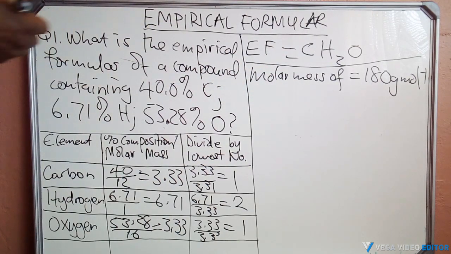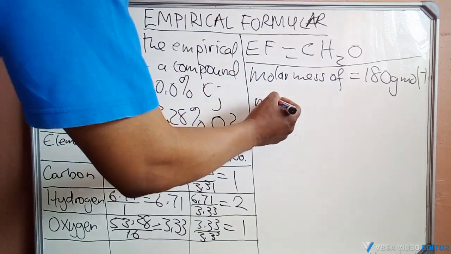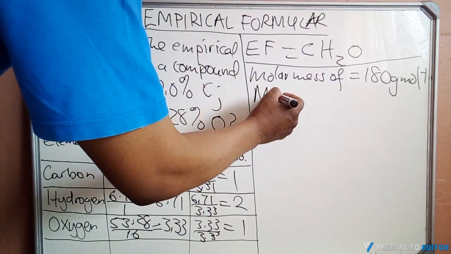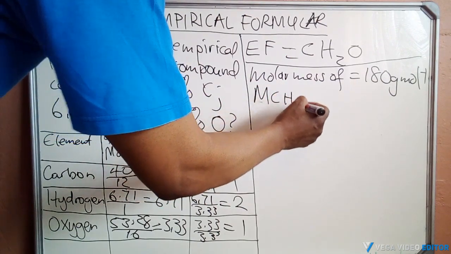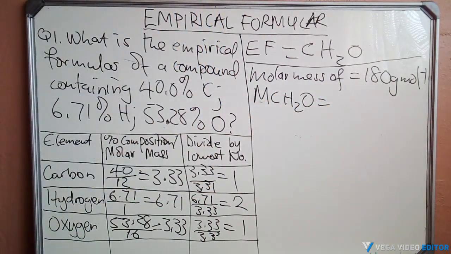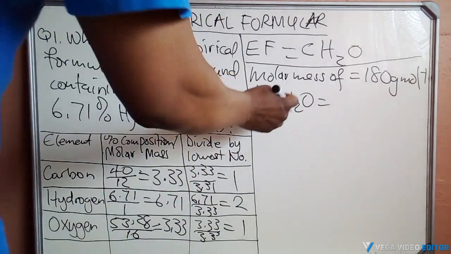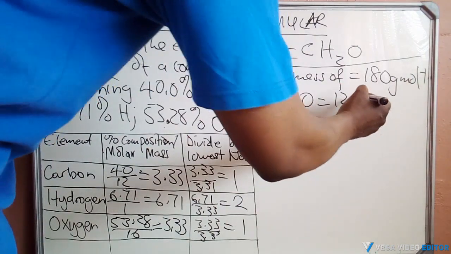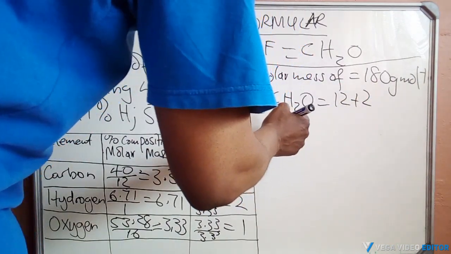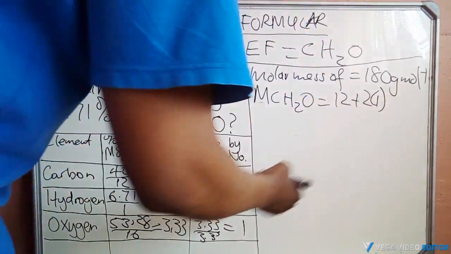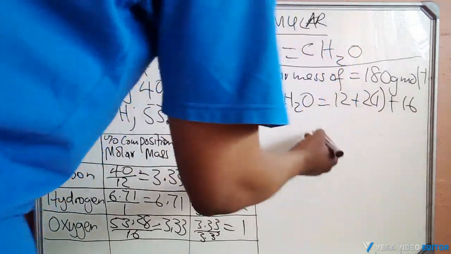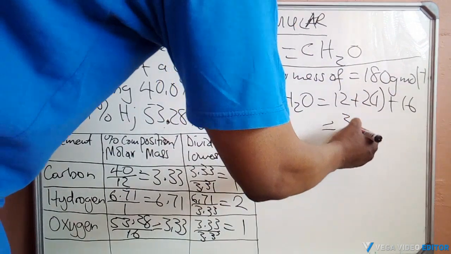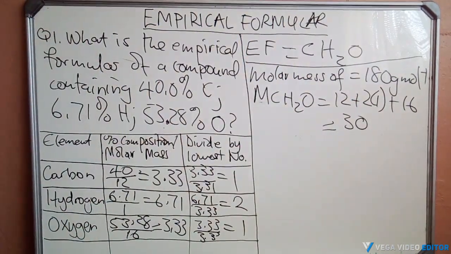So the mass for CH2O. Start with carbon, that's 12, plus 2 times 1 for hydrogen, plus oxygen, which is 16. 12 plus 2 plus 16 will give us a mass of 30.